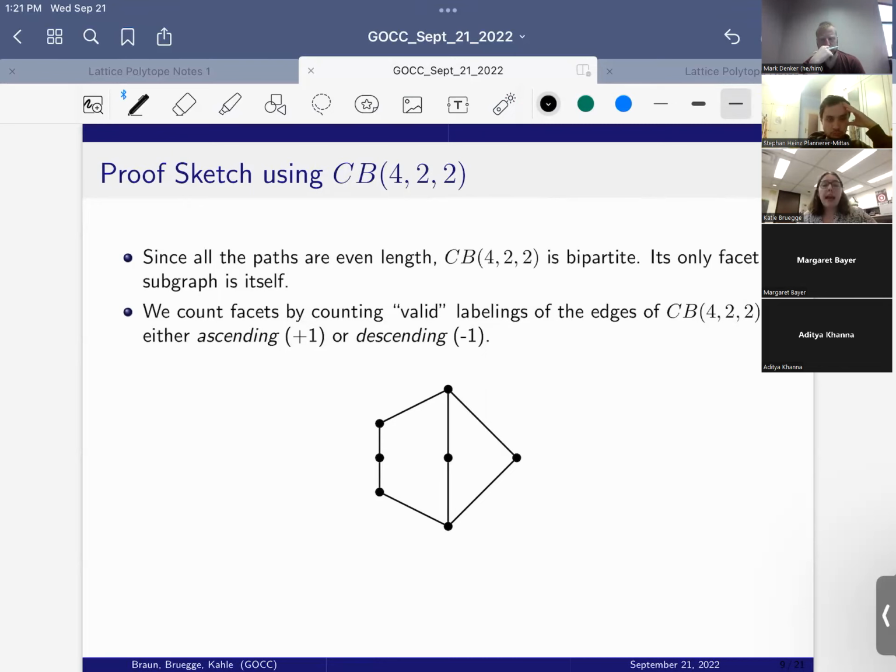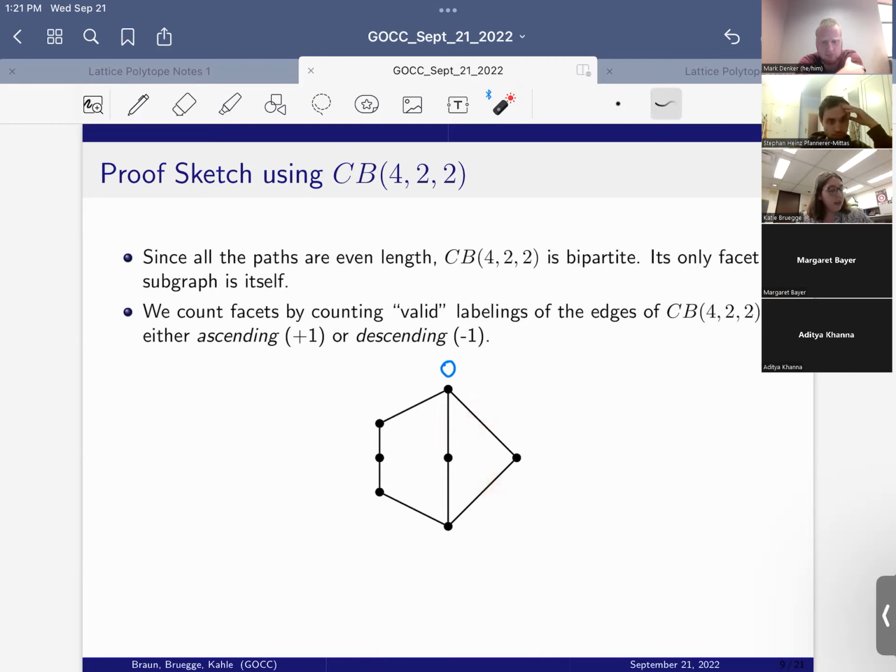And so we will count the facets by counting the valid labelings of the edges as either ascending or descending. Okay. So if we start by fixing the label on our top vertex to be a 0, and think about orienting all the edges away from that top vertex.